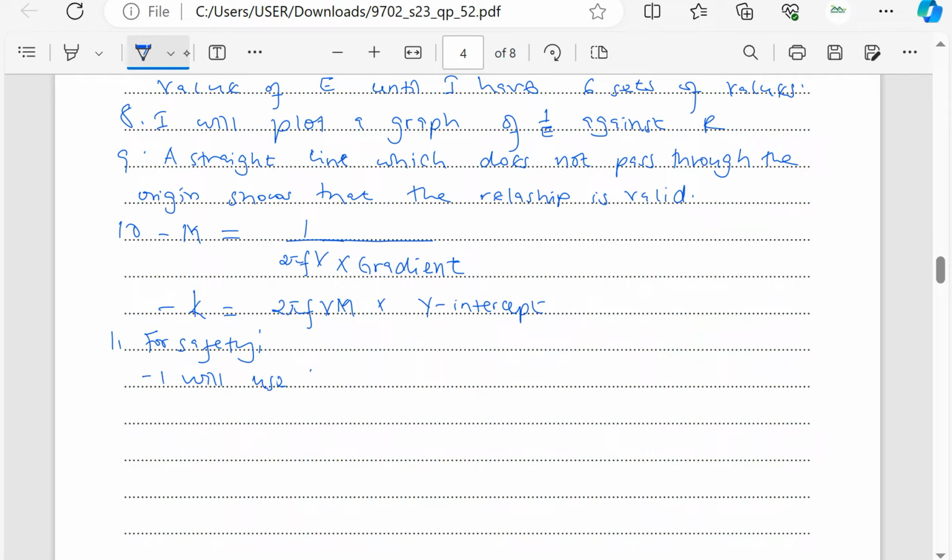So I would say for safety, I will use heat-proof gloves to touch the hot coil P and the hot resistor.